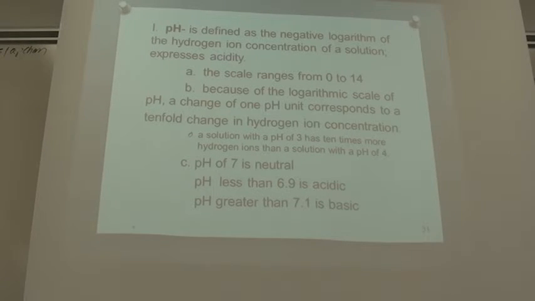If I have hydrochloric acid that has a pH of 1, and I have acetic acid that has a pH of 5, which one is more acidic? The 1. Remember, it goes kind of backwards to where you're thinking. The lower the number, the more acidic it is.